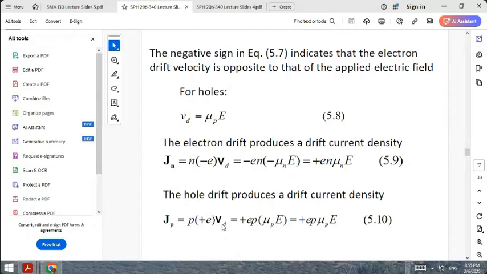Remember, v is negative mu n multiplied by E. So when I put v as negative mu n E, we have this negative and the negative brought in by the charge, giving us positive. And that's how we have e n mu E.